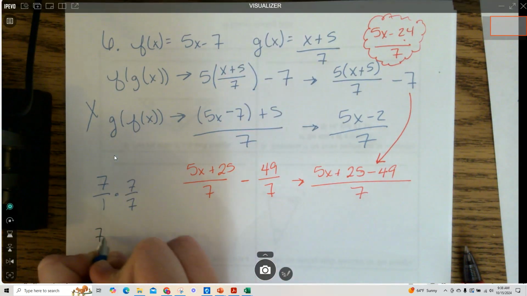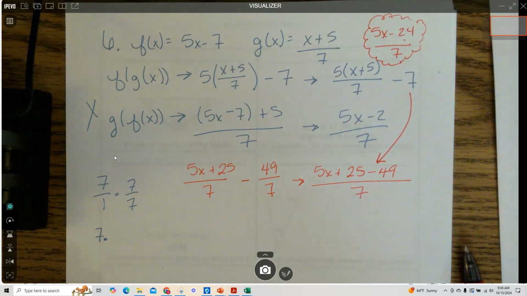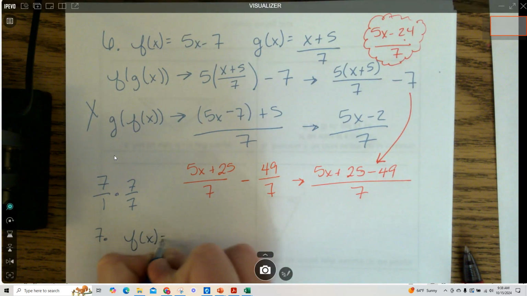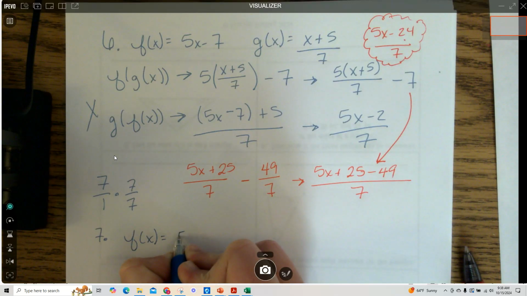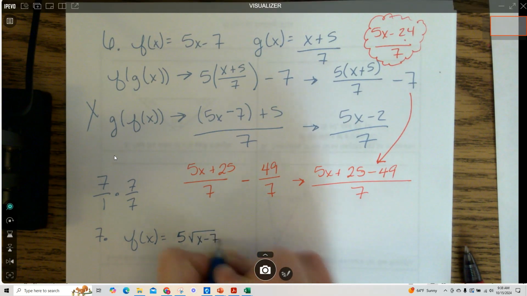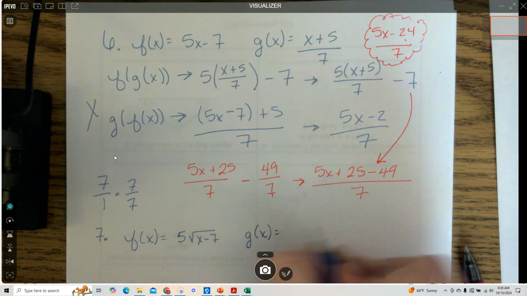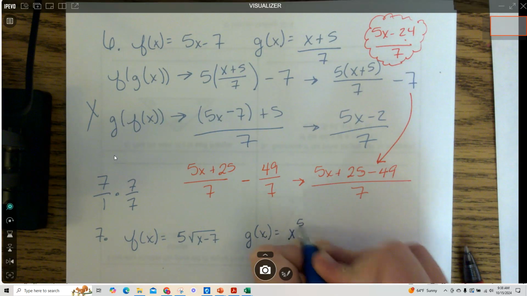All right. Number 7. So same thing. It's f of x equals 5 square roots of x minus 7, and g of x equals x to the 5th plus 7.